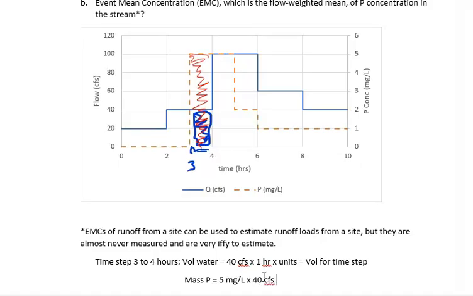So the flow times the concentration gives us the mass, and the flow is 40 cubic feet per second times that 1 hour, which is just the number right up here, but I need both those numbers. So the mass of phosphorus is this volume of water that came through in that hour times the concentration of phosphorus equals mass of phosphorus for the time step.